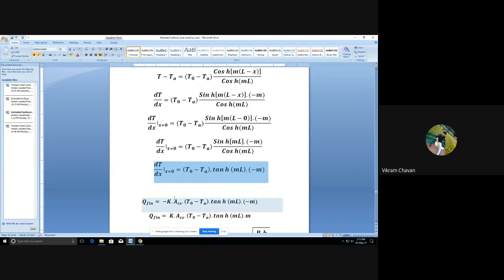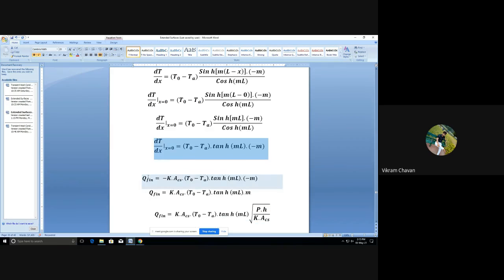Okay, so our Fourier's equation is Q fin is equal to minus k multiplied by A_cs multiplied by dT/dx at x equal to 0. So instead of dT/dx, we are going to put this particular equation. So we'll get Q fin is equal to minus k multiplied by A_cs multiplied by (T0 minus Ta) multiplied by tanh of mL multiplied by minus m.